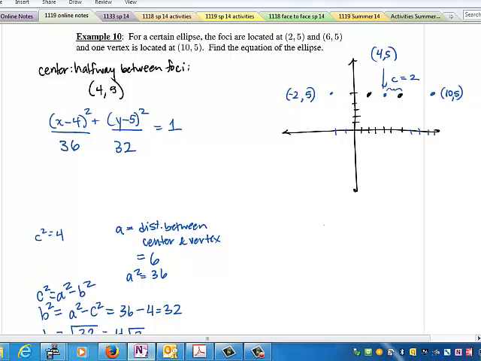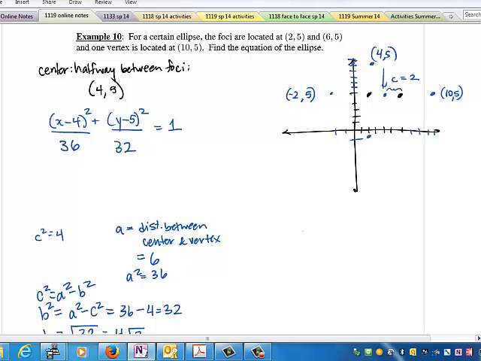And we figured out that b was the square root of 32, which would be between 5 and 6. The square root of 25 is 5. The square root of 36 is 6. So let's go not quite 6 up from the center, which is over here, and not quite 6 down.